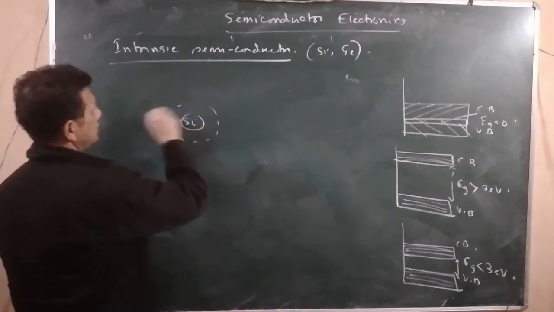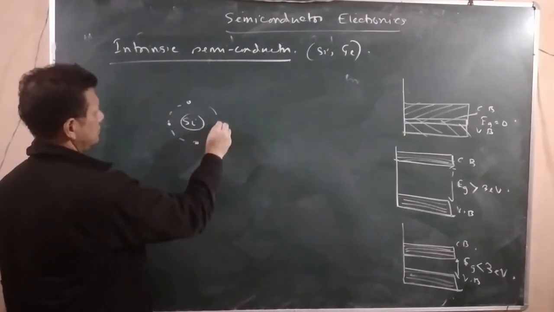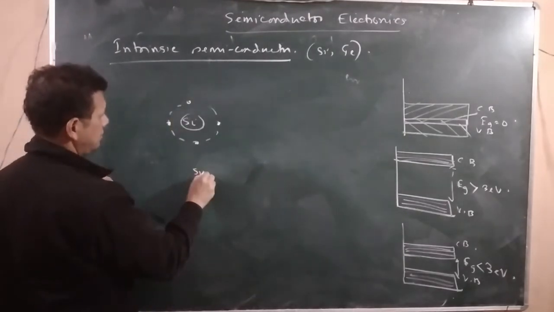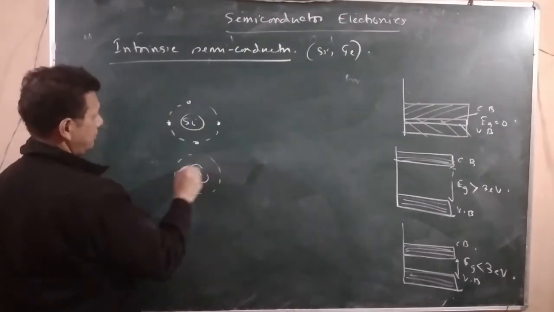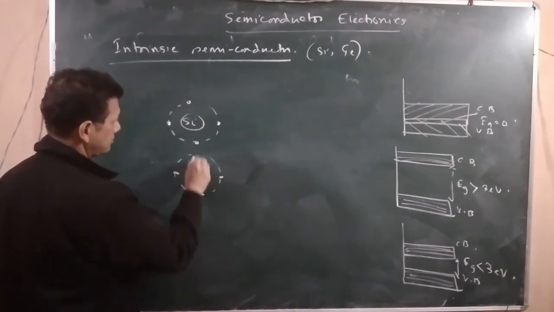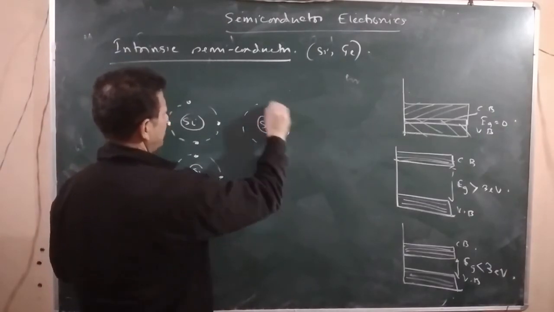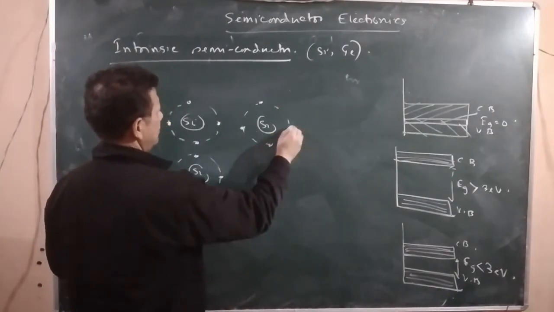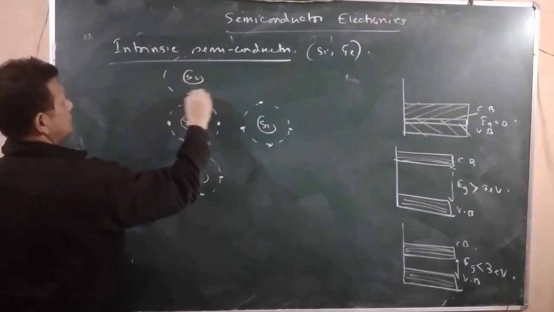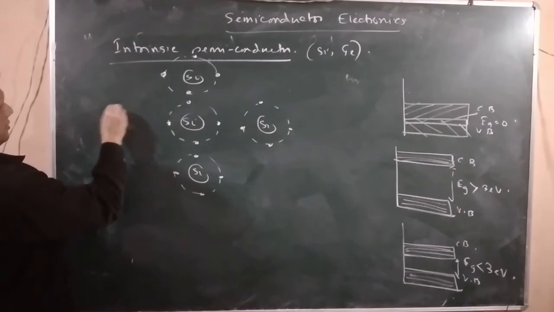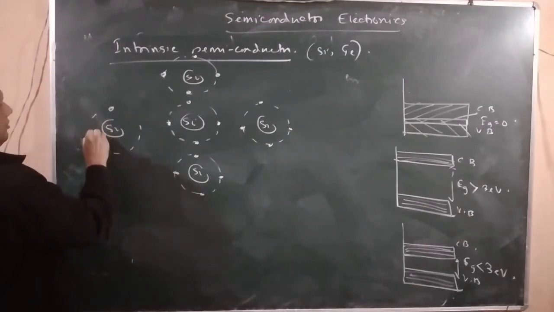It has got 4 valence electrons. So when they form a crystal, they share the valence electrons with the neighboring silicon atoms, which is also known as a covalent bond. So this is the valence electron. It is silicon again. This is the valence electron of all of these.